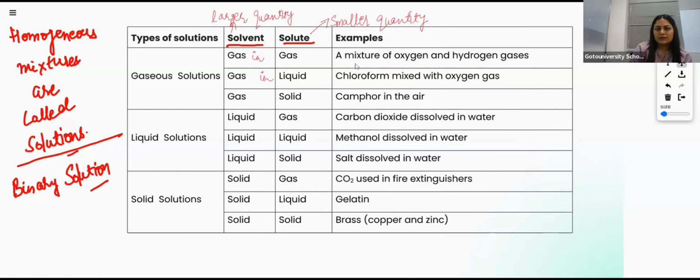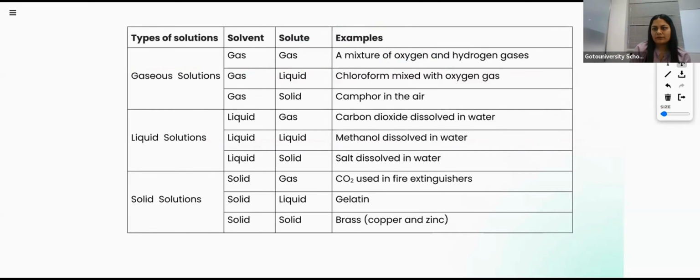Here you can see the gas would be present in bulk form. Oxygen, that is a gas, would be present in bulk form in the gaseous solution, and the solute will be present in smaller quantity, right, as mentioned here.